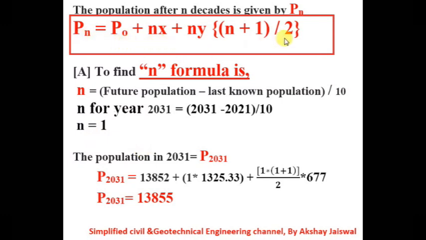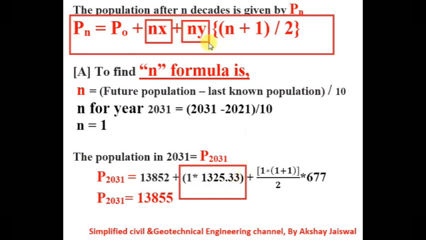By using this formula, we can find out the population in 2031, which is P2031. P0 is 13,852. The value of n is 1 here. N into x will be 1 into 1325.33.